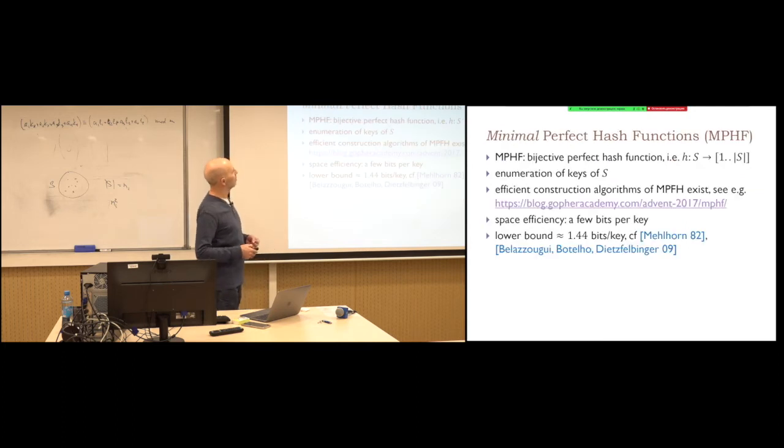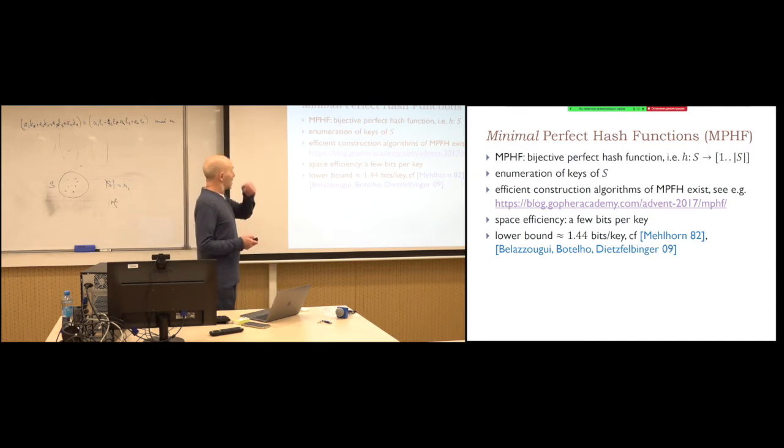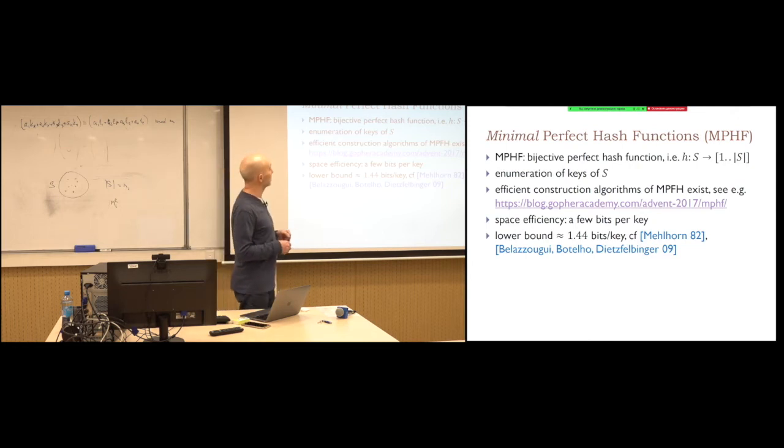So to conclude with this topic of perfect hashing, I want to mention another thing. I will not go into it, I will not explain it. I just mention that this exists, which is called minimal perfect hashing. Minimal means that not only do we have a hash table of linear size with respect to the number of objects, but we have a hash table with exactly n buckets. So the size of the hash table is equal to the number of objects.